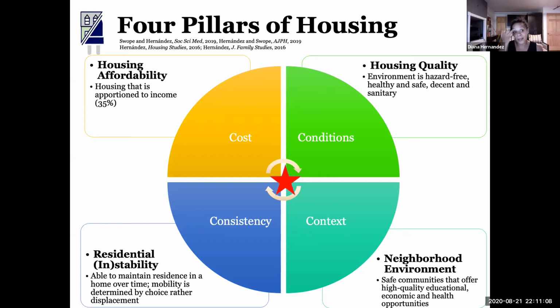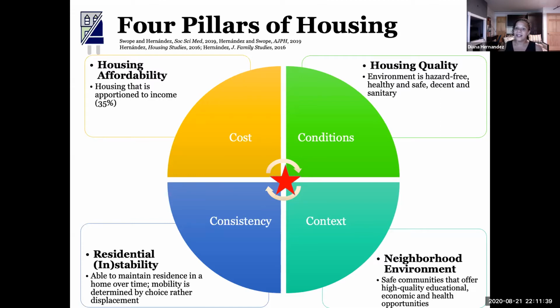However, there are some contexts where there's tension between, let's say, housing affordability and housing quality, and residential stability. So as I think about public housing, for instance, it does offer the opportunity for housing stability, but many times the trade-off with that stability is housing quality, even as public housing is affordable to a household.